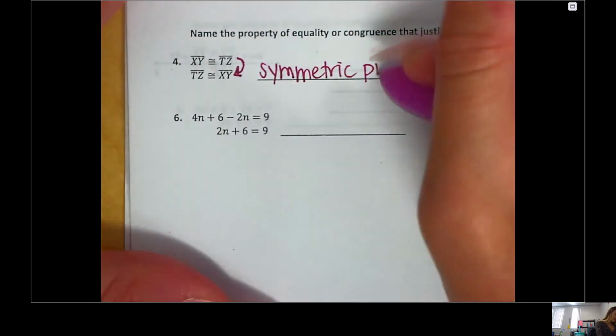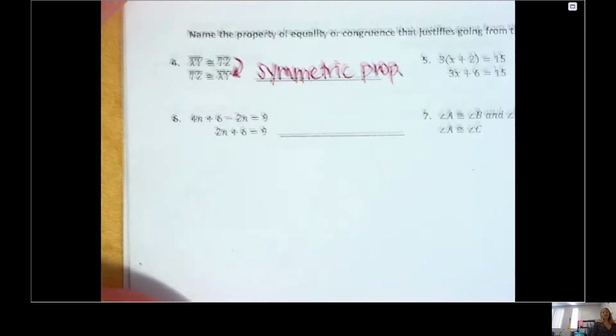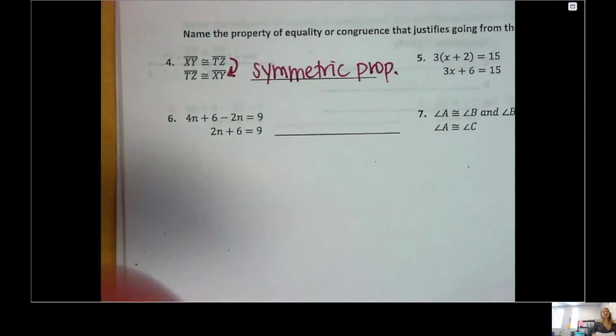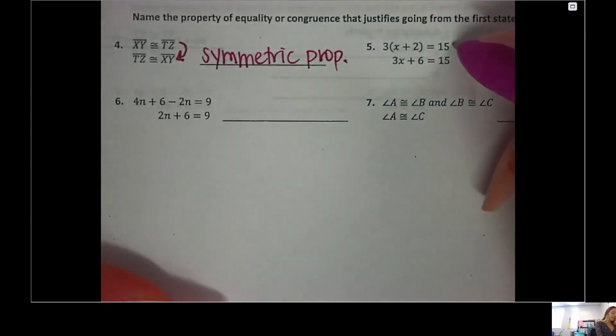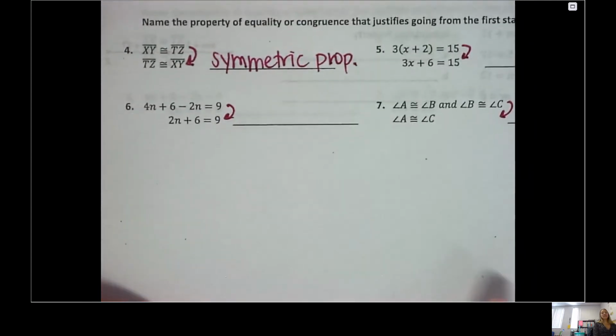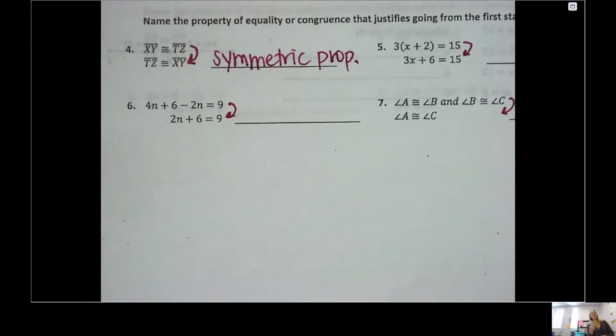Can you take 30 seconds and answer 5, 6, and 7? I just want to know how you get from the first step to the second step. It's one step, and you're just telling me which step it is. Take 30 seconds and do those 3.